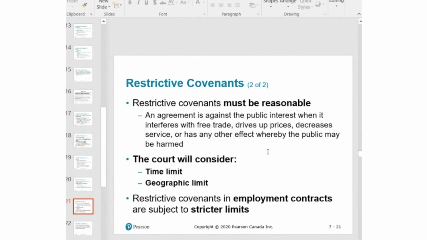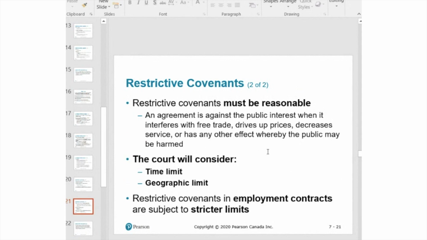And I'm buying the pet shop that is located downtown Vancouver. So yes, I can restrict downtown Vancouver for some time, for 2 years. But I cannot say the lower mainland. I cannot say all BC or all Canada. Okay? So it varies on what the transaction is. But based on my example, the pet shop, you can understand the limitation in time and also geographic limitation.